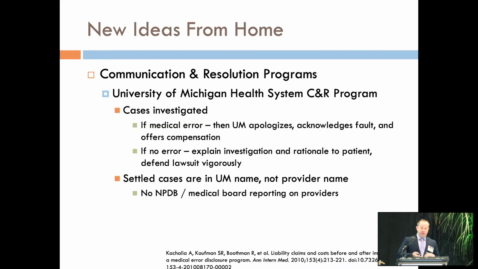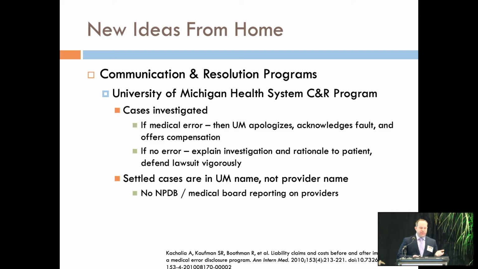Now, there are some interesting workarounds and better systems. A really good one is the University of Michigan Health System communication and resolution system. What they did is they created this risk system where they internally look at whatever event has been brought to their attention, either by a potential plaintiff or by an internal incident report.